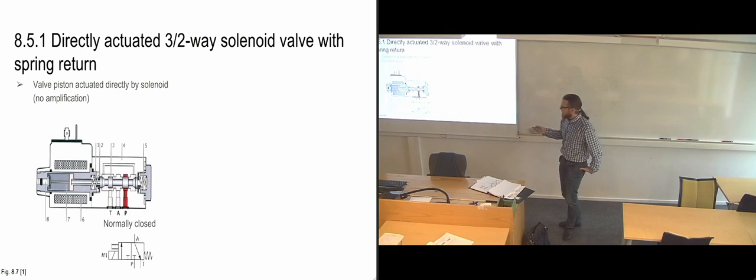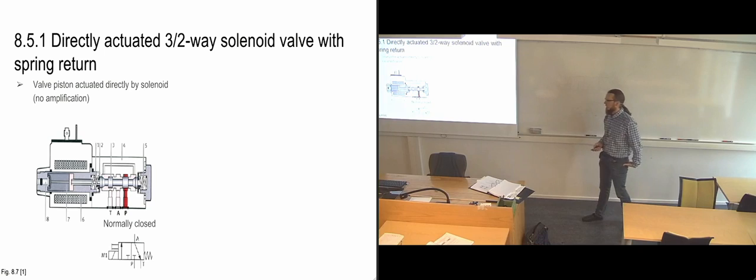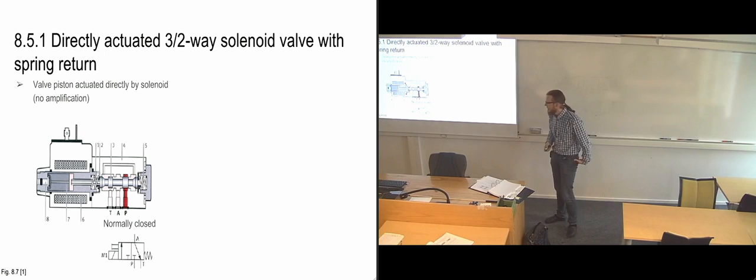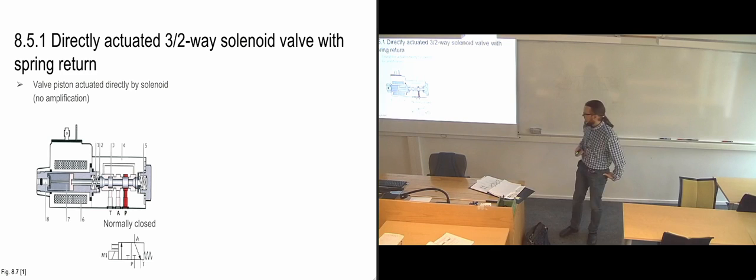And in this case, this would be the symbol. So we have 3 ports, P, A, and T, and we have 2 switching positions: either letting pressure go from P to A or letting flow go from A to T. The solenoid in this case is called M1, and that's going to actuate it. But it also has a manual override, as you can see.